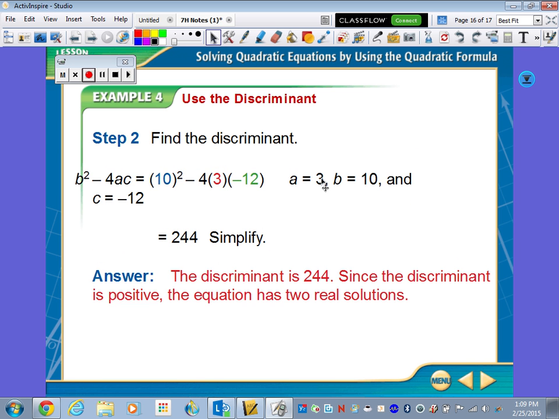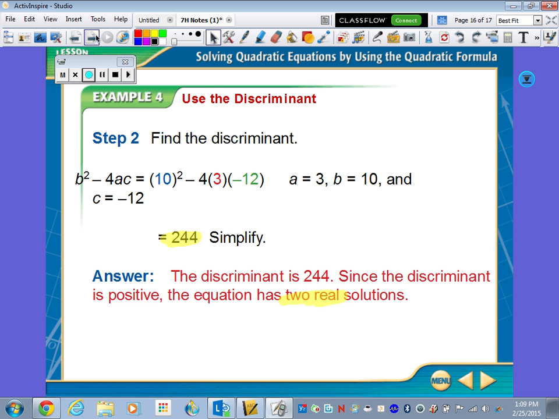So you square 10 minus 4 times 3 times negative 12. When you do that, you get 244. That's a positive number, which means there are 2 real roots. So what I was looking for here was this answer and this answer. That's what you care about.